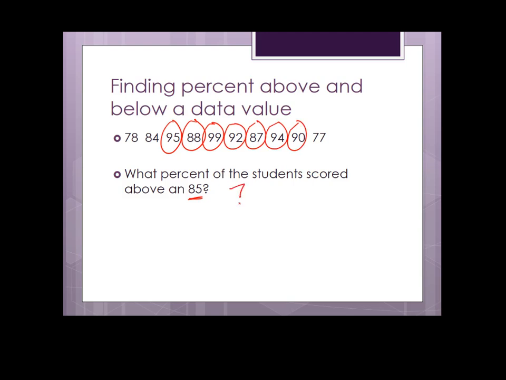So 7 of the values are above 85, and remember percent, you always put it over the total. So there are 10 numbers here. So 7 out of 10. If I divide those, I get 0.7. Move the decimal over twice for a percent, it's 70%. So 70% of the students scored above an 85.